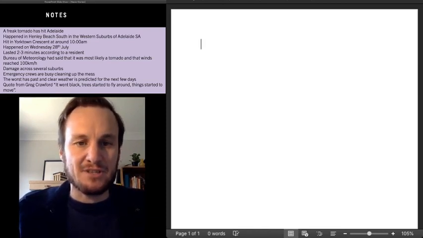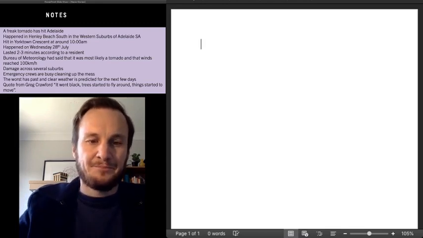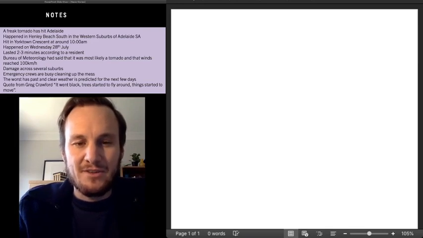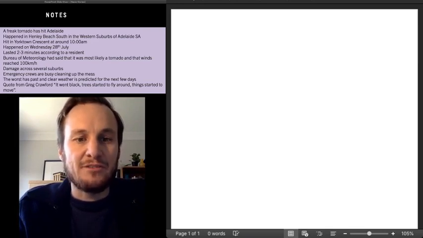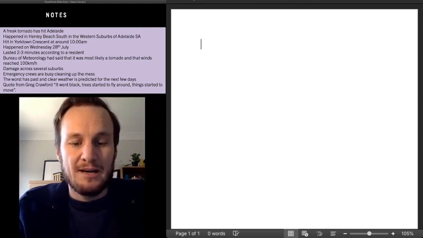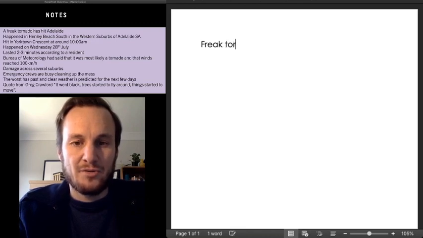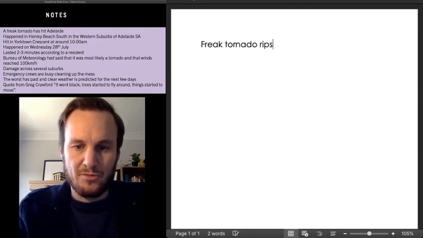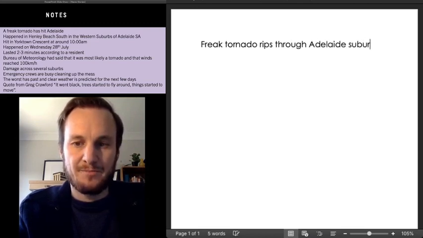But the first thing we're going to do is have a title. So the term they kept using was freak tornado, which I get is a bit strange, but I guess it's because it's such a rare event in the suburbs of Adelaide in Australia to have that happen. So: Freak tornado rips through Adelaide suburb.